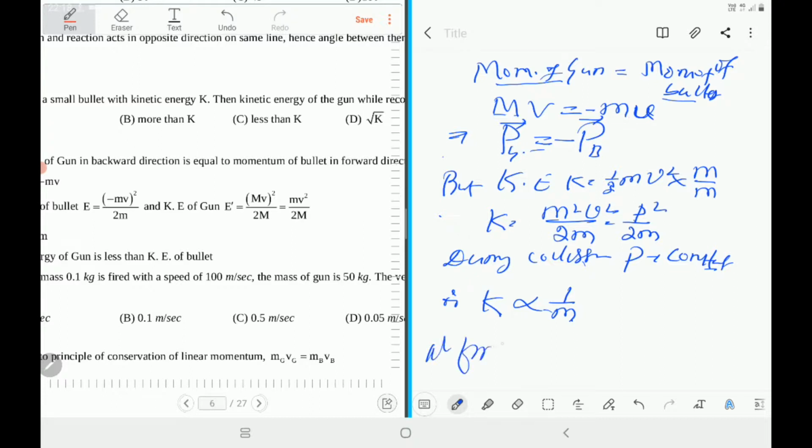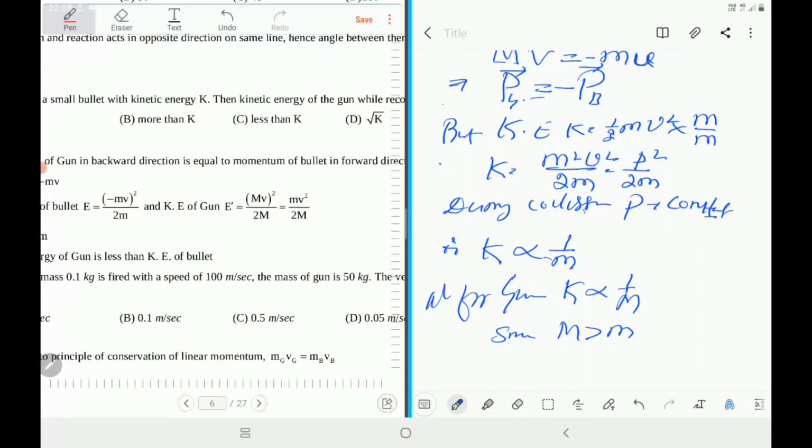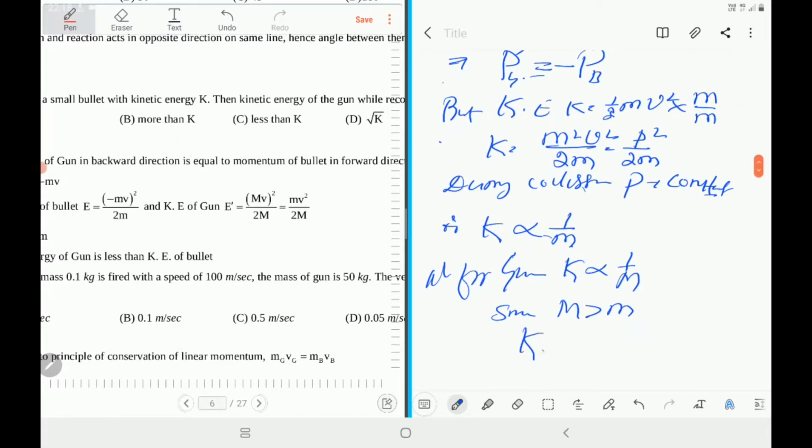Similarly, for the gun, kinetic energy is inversely proportional to its mass, right? Since capital M is greater than small m, the kinetic energy of the gun, the heavier one, is less than the kinetic energy of the bullet, the lighter one. Lighter one moves faster. Simple analysis.